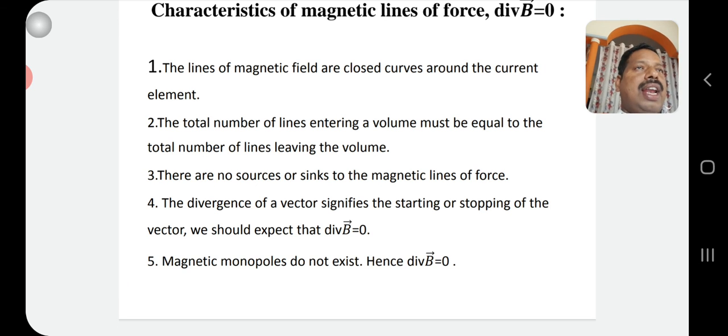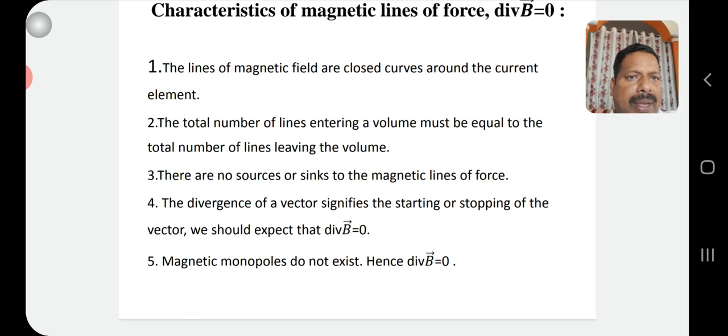Unlike the electric field, where positive charge acts as a source and negative charge acts as a sink, in the magnetic field there are no such sources or sinks. Magnetic poles always exist in the form of a dipole. Magnetic monopole does not exist in nature.